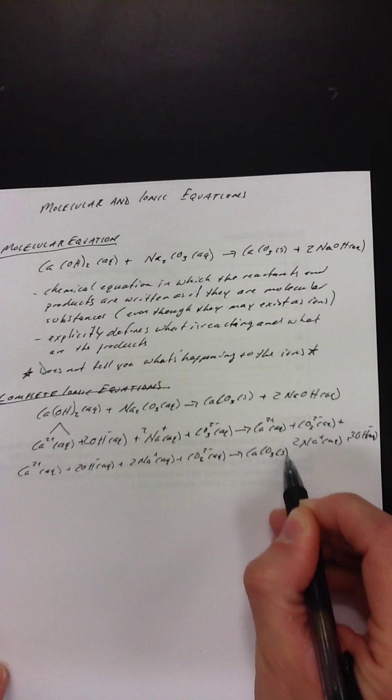And by definition, a spectator ion is an ion in an ionic equation that does not participate in the reaction.